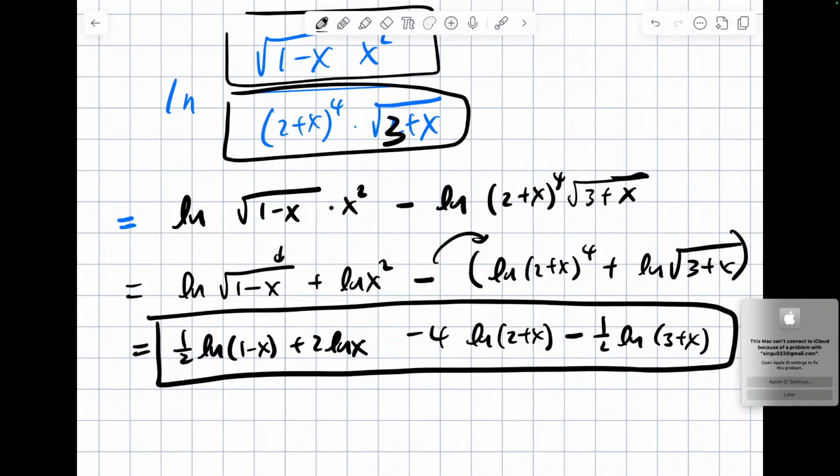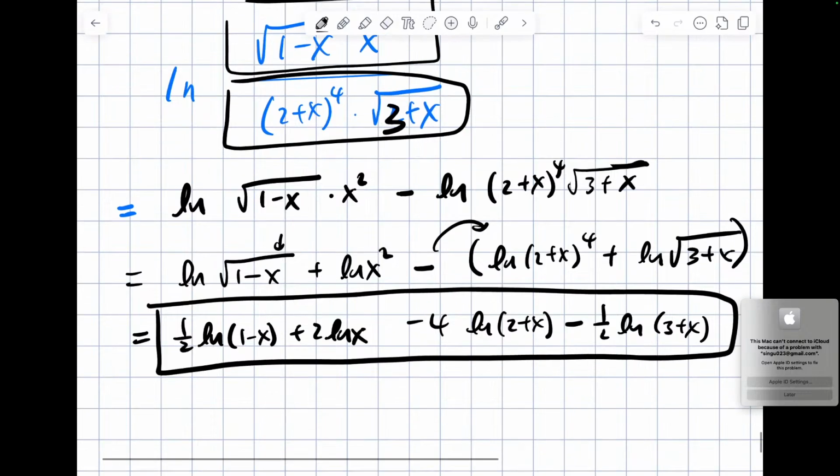Okay, so is that okay? I'm never going to fail. Do we need to put parentheses? Parentheses where? Like the 1/2 ln of 1 minus x plus 2 ln of x.